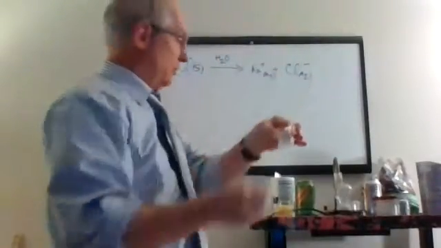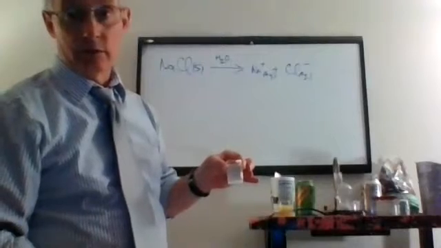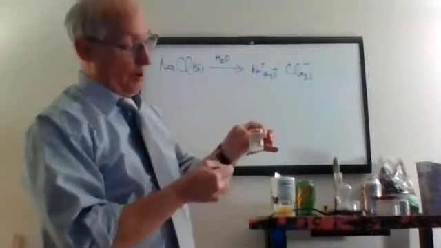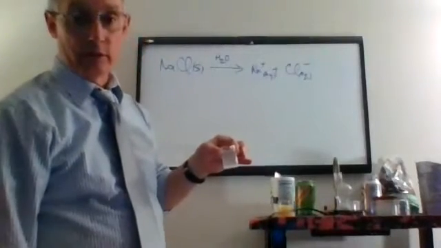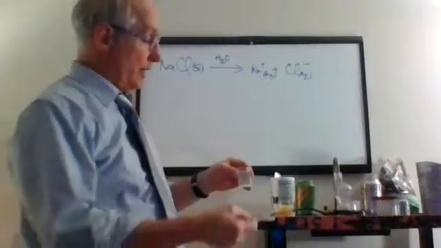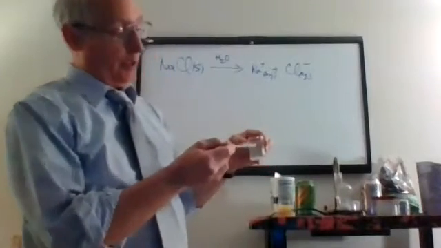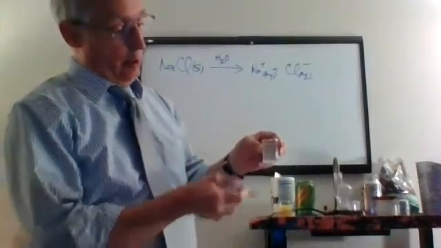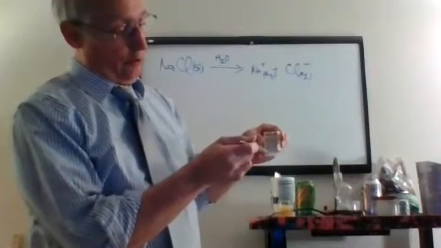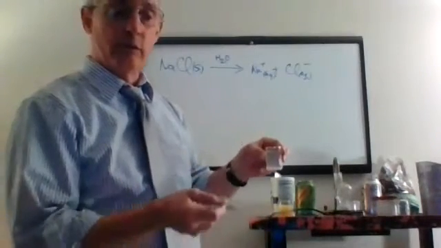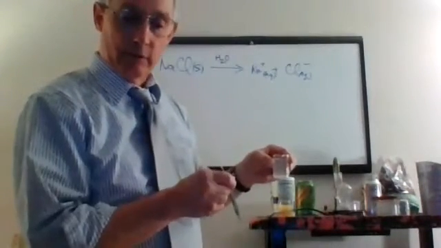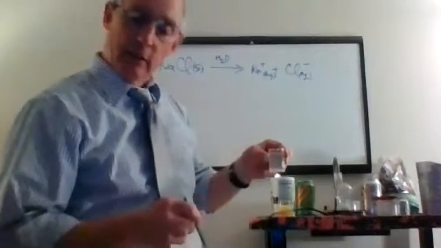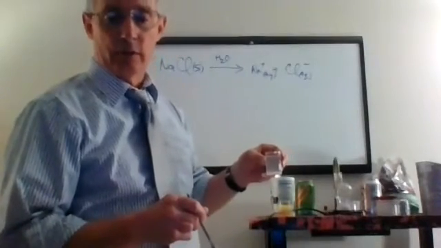Now, the salt is called the solute, and the water is called the solvent. Okay, if it's a liquid in a liquid, like alcohol and water, then the solute is the thing that there's less of, and the solvent is the wet thing that there's more of.